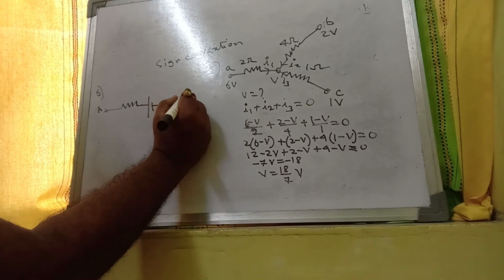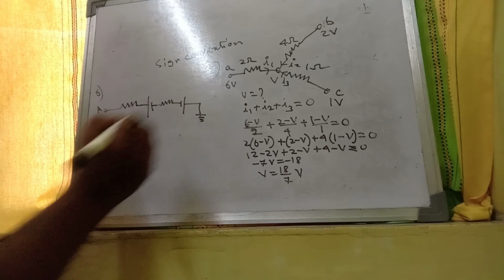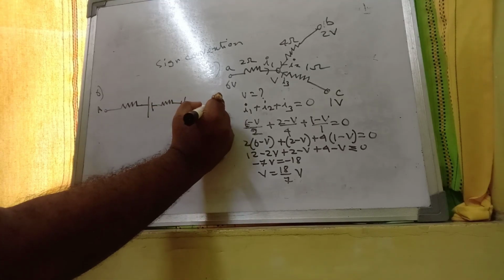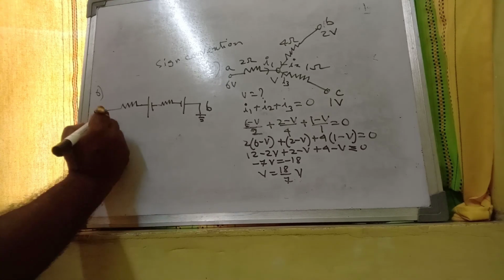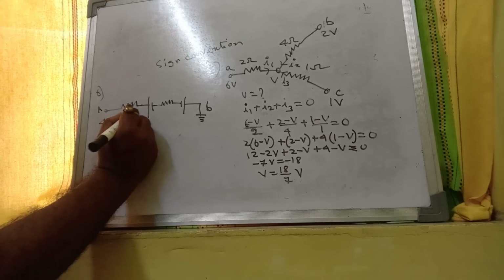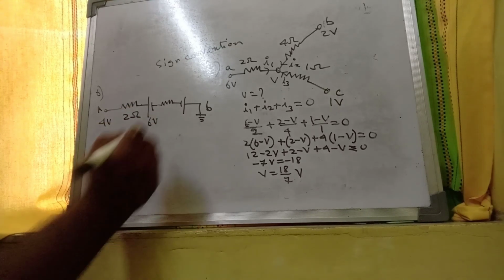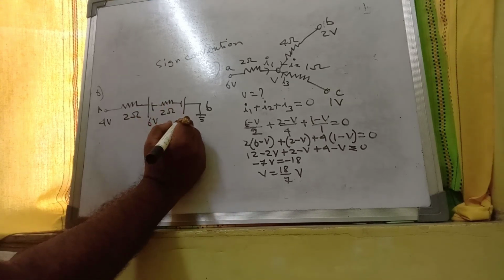Now this is grounded. Now it's 4 volt. It's a part of the circuit. It's 2 ohm. It's 6 volt. It is 2 ohm. It is 4 volt.